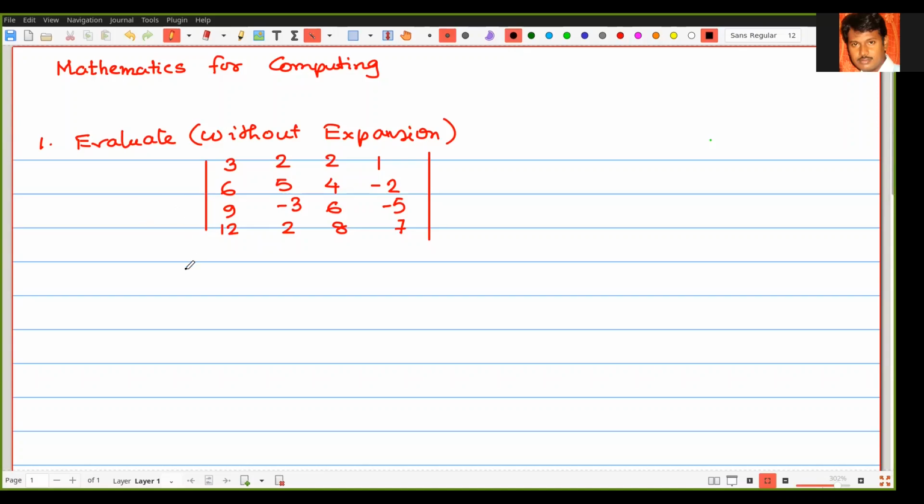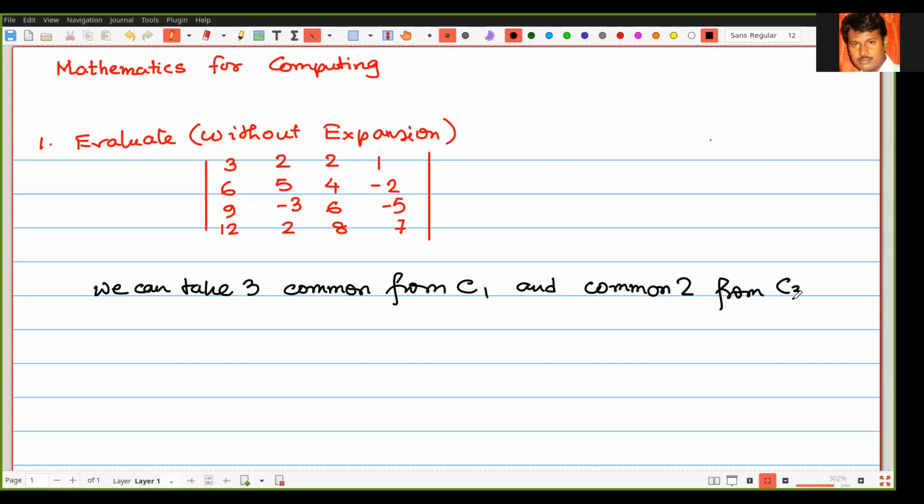So here at first we can take 3 common from column 1, that means C1, and common 2 from column 3 or C3. So that one is becoming 3 cross 2 cross, from the first column, that is 1, 2, 3, 4.